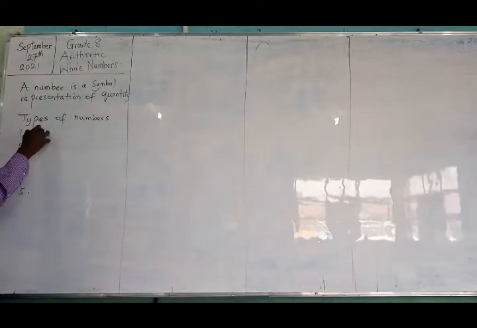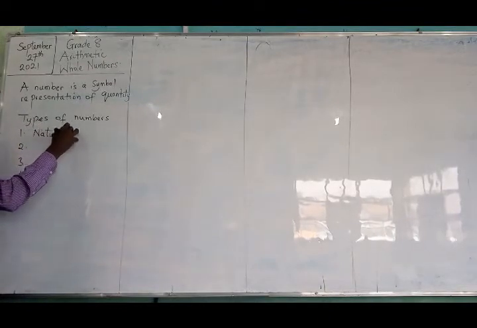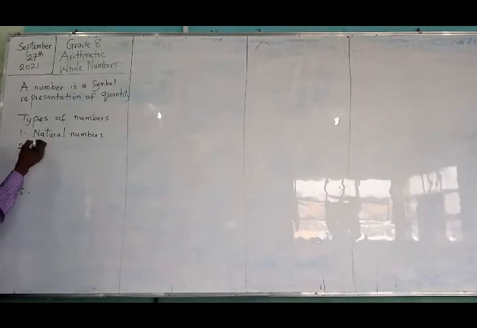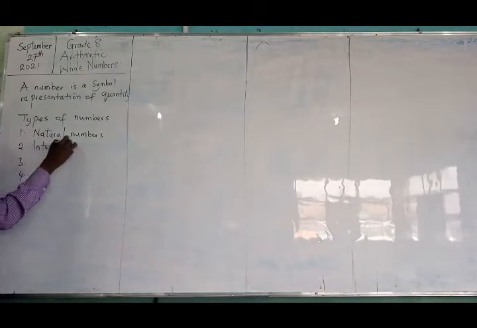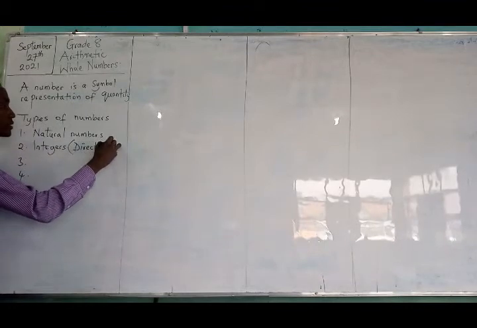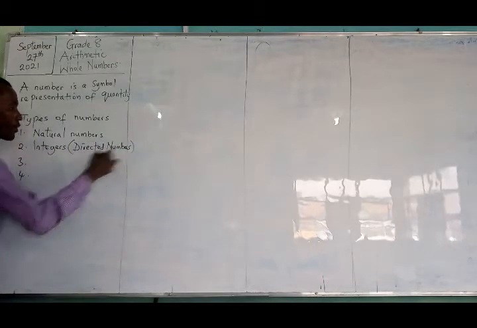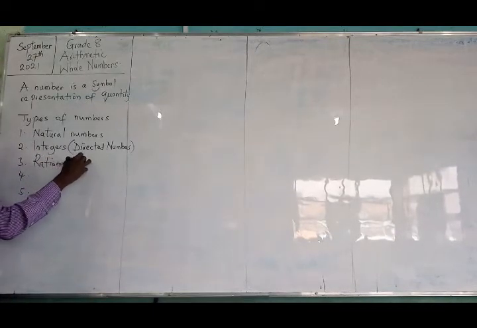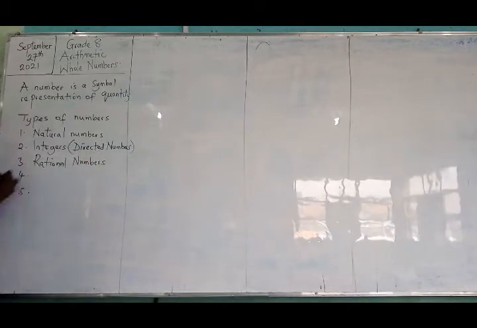We have what is called natural. We have what is called integers, or more importantly, we call them directed numbers. We also have what is called rational numbers, and we also have what is called irrational.